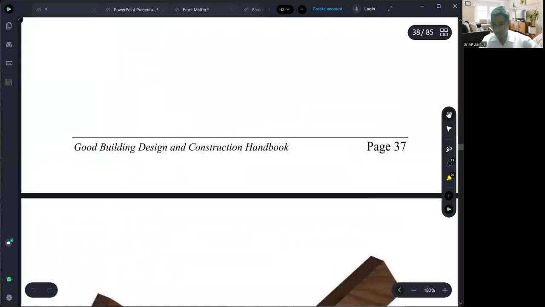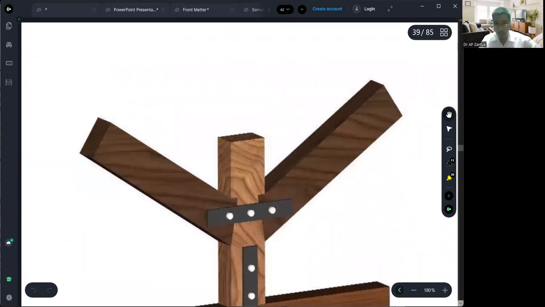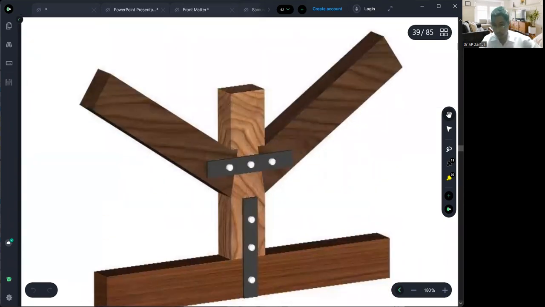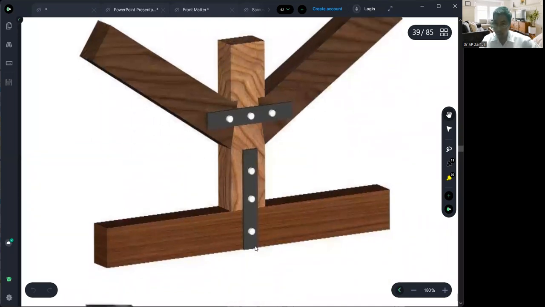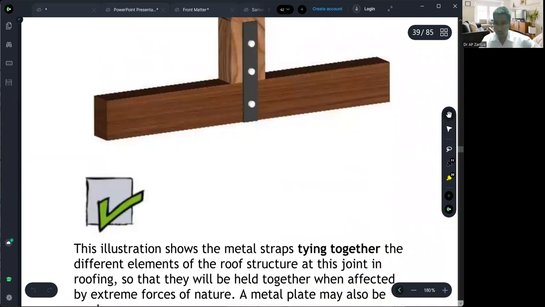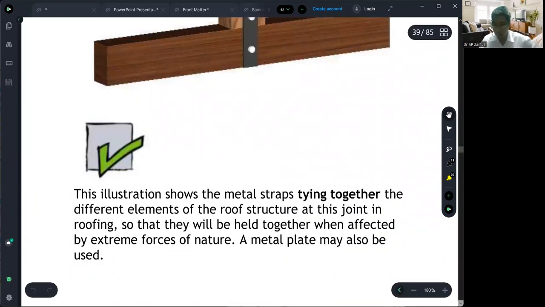We have brackets like this, no? Steel brackets that are supposed to be connected to the concrete reinforcement by welding or bolting. A very good example, tying together the different elements of the roof structure.